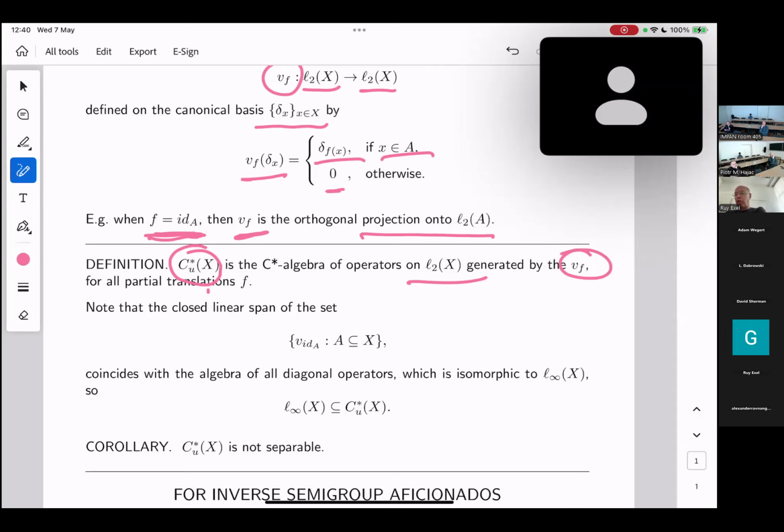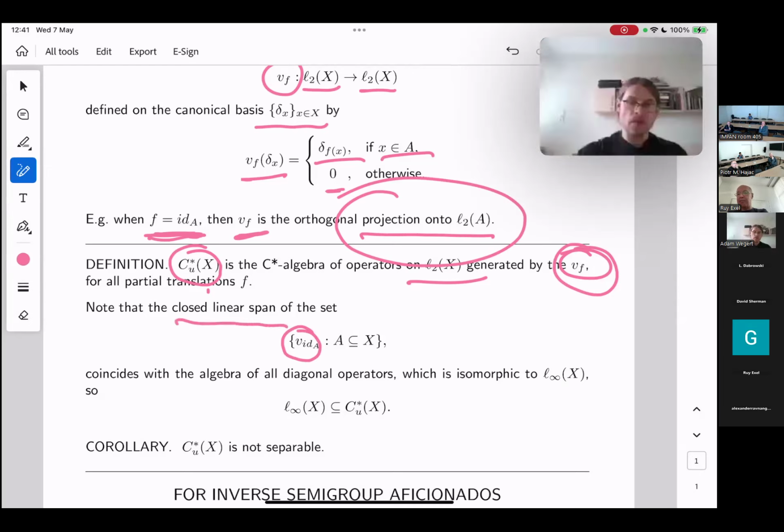Of course, if you have all of the VFs there, you also have the V for the identity function, and it's not hard to show that all of those V sub-identity of A, which are actually the projections onto L2 spaces for subsets, the closed linear span of those will give you all diagonal operators on the Hilbert space.